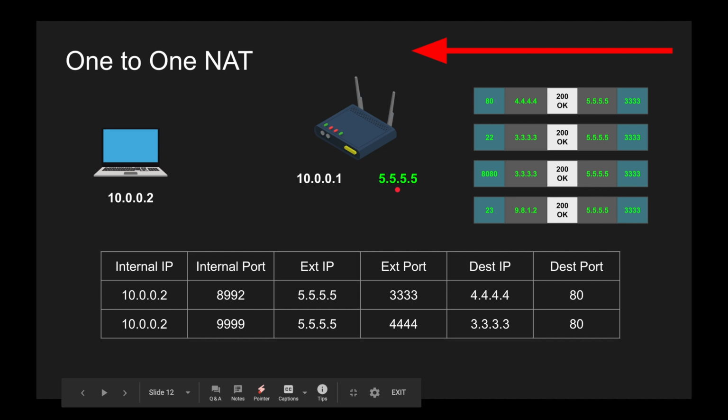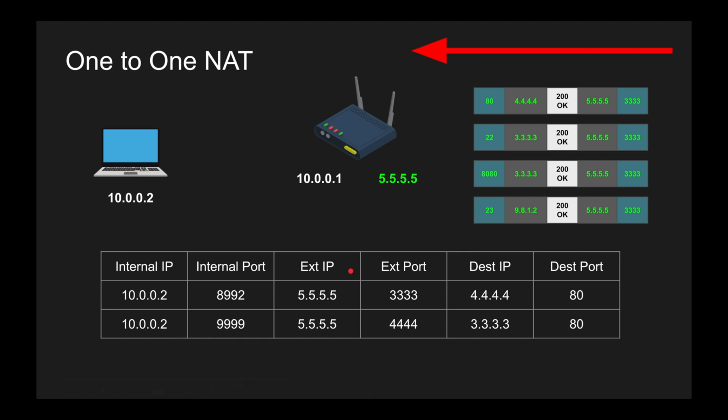Okay, let's take an example. Here's a NAT table with pre-configured IPs. Right, this is the current state of the NAT table. This is you, this is the router, and there are four packets that are incoming. We're going to go through each packet and see which one will pass and which one will fail.